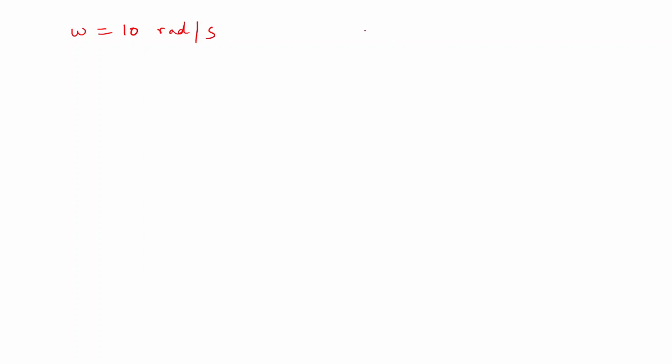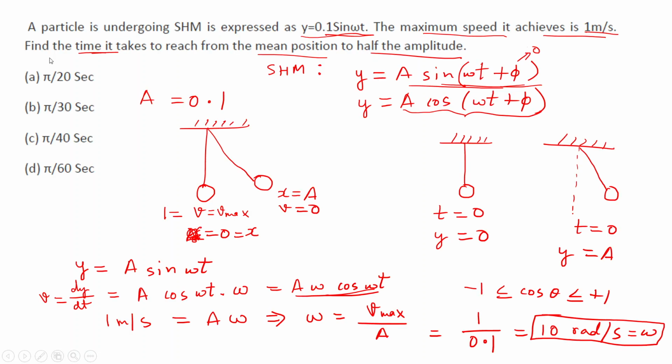Now using the same equation of motion, we have to find out what they are asking. We have to find the time it takes to reach from the mean position, this is the mean position, to half the amplitude. This is the position where the displacement is maximum, and somewhere in between the displacement will be half the amplitude.